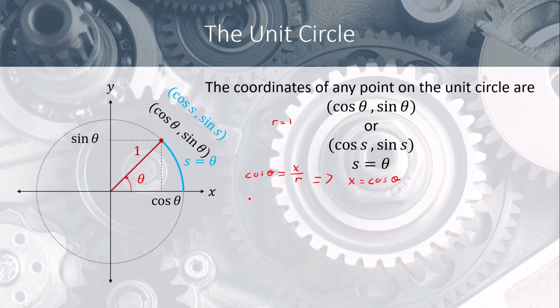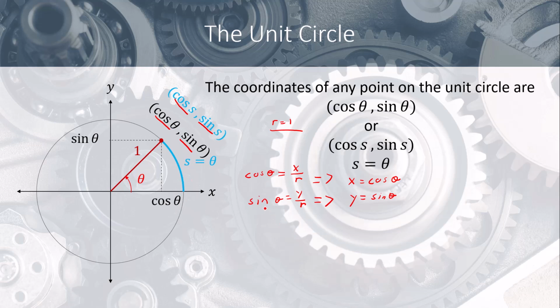Using the exact same argument for sine, we have sine of theta is equal to y over r, and that would imply, since r once again is equal to 1, that y is equal to sine of theta. So since this has a radius of 1, this point has an x-coordinate of cosine theta and a y-coordinate of sine theta. And since our arc length is equal to theta, we could also say that the x-coordinate is cosine of s, and the y-coordinate is sine of s, where s once again is equal to theta.